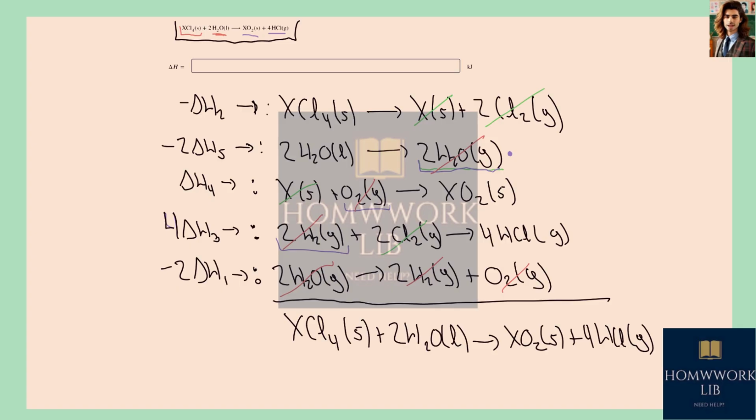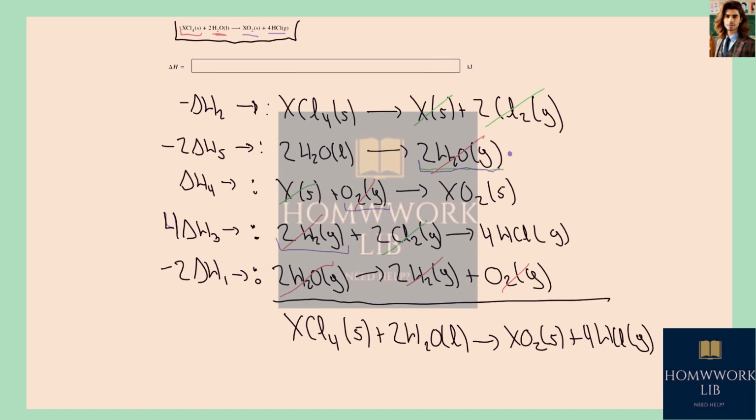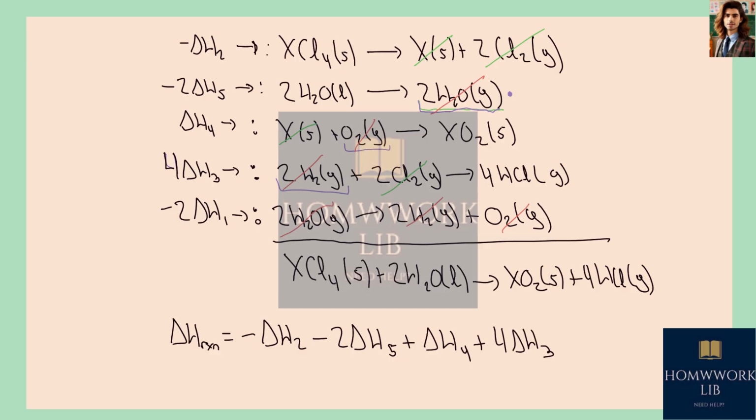And in terms of enthalpy, we need to only sum all of these results, which is going to give us, let me rewrite them over here just for making it as clear as possible. This is minus delta H2 minus 2 times delta H5 plus delta H4 plus 4 times delta H3 minus 2 times delta H1.